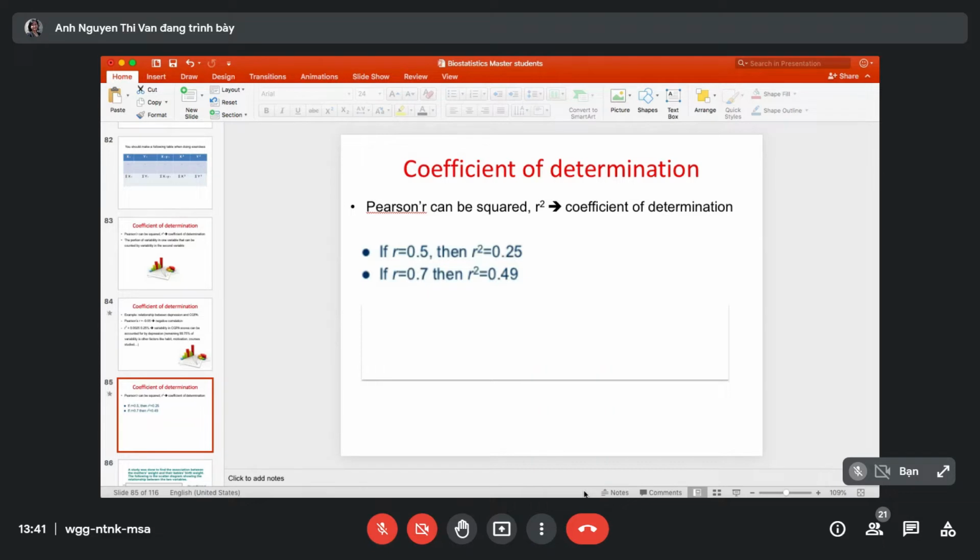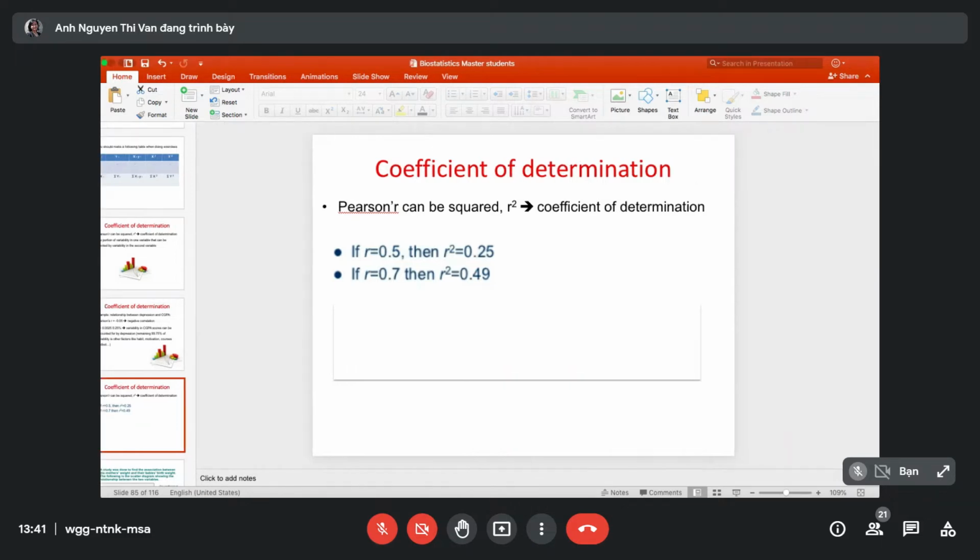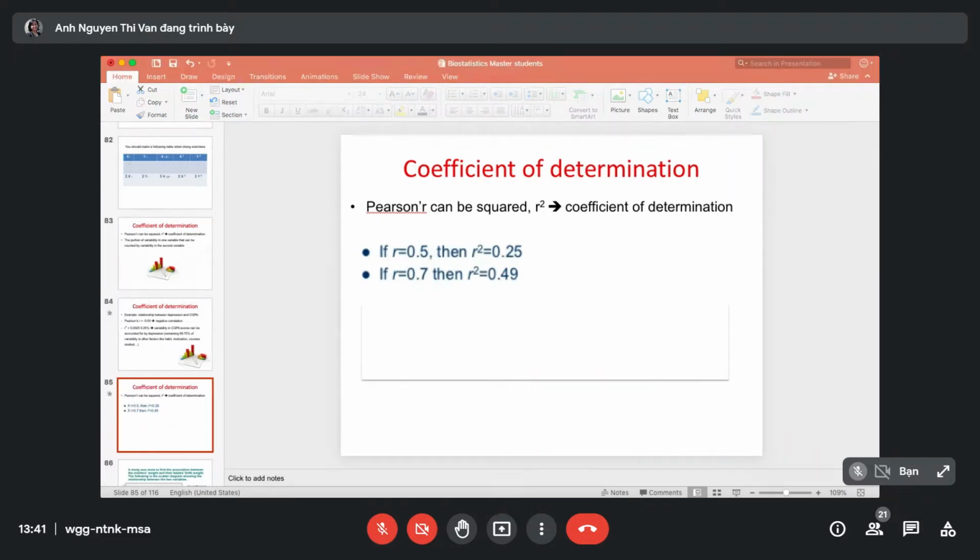Yes, 75% of variability in one variable is accounted for by other factors. It's correct.